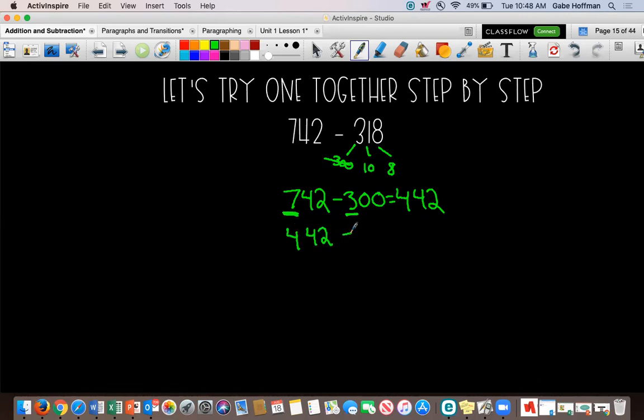What am I going to subtract from my 442? Tens place. How many tens do I have in that number? 40. Nope, right here, just 10, right? So 442 minus 10, I'm going to get 432.